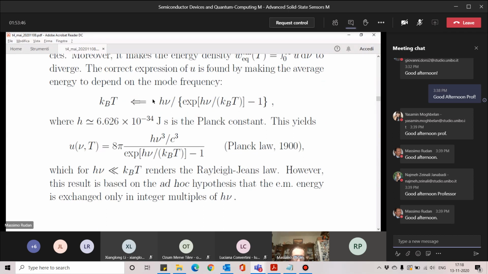That is, the average energy of the mode depends on frequency, and the dependence is like h nu divided by the exponential of h nu over kT minus 1, in which the Planck constant appears, h, okay? So if you use this expression of the average energy of the mode instead of kT, you find this formula that is universally known as the Planck law, that was found in 1900.